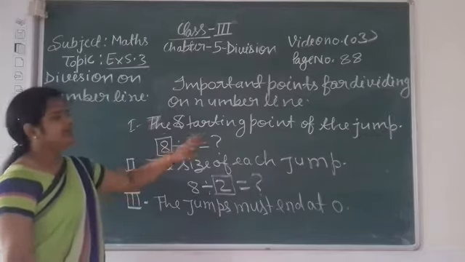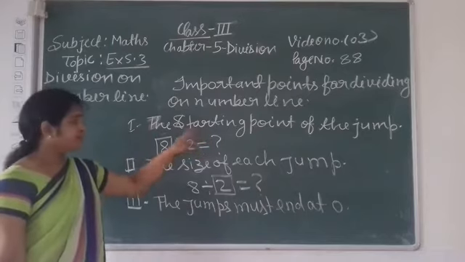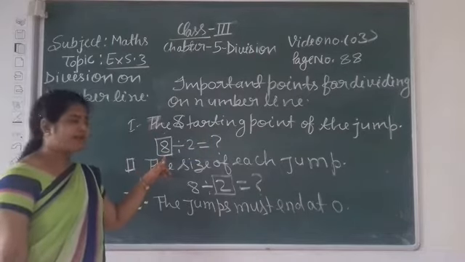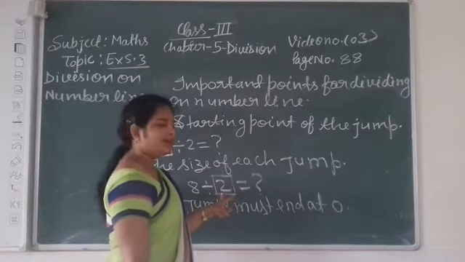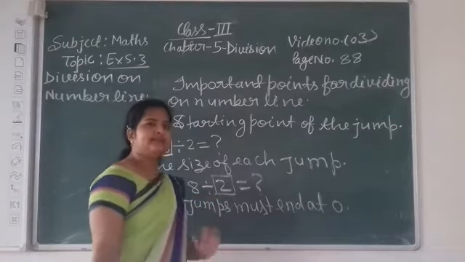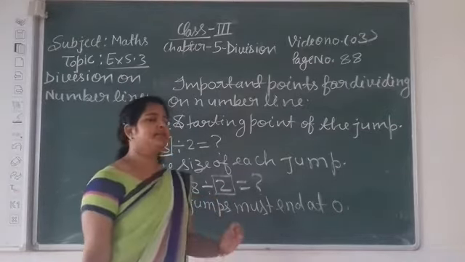The first starting point of the jump should be from the first number, the size of jumps should be equal to the second number, and you must end the jump at 0.